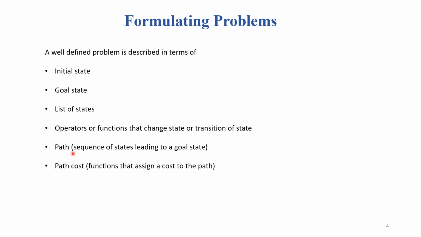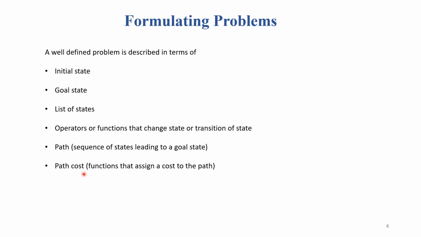Then comes path. This describes the sequence of states leading to a goal state. Like we start from home and then go for a plan, then we book, we depart, then we arrive at the destination, we explore there, we return, and we arrive back at home.